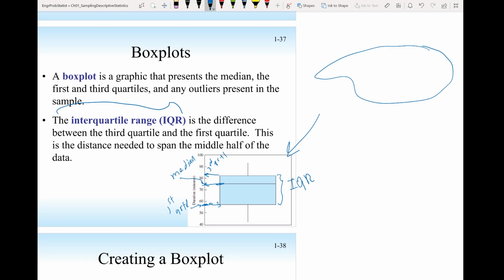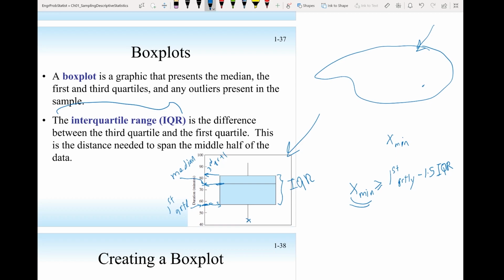Then I look at my samples here. I find X-min, the smallest data point in the samples or in the population. And if this X-min is equal to or larger than the first quartile minus 1.5 times the interquartile range, IQR, then I plot this X-min here, and I will label it like this.